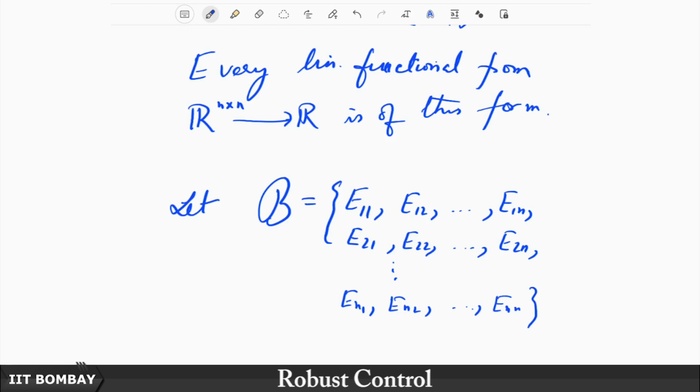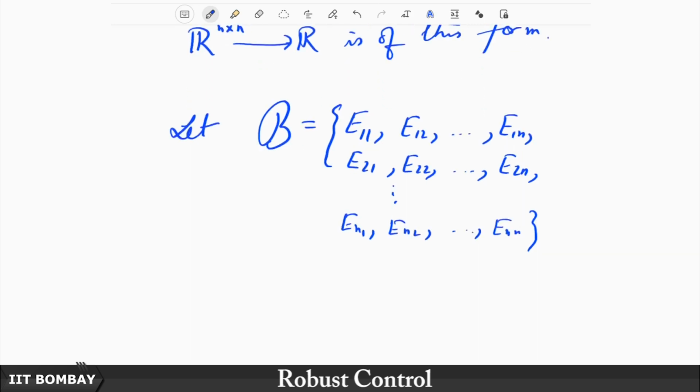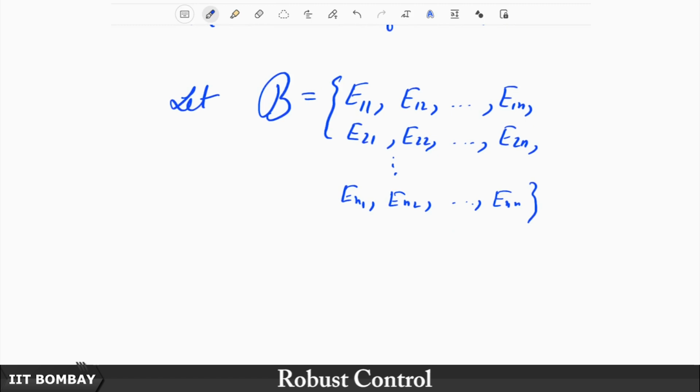I could have done that, but just because an entry of a matrix is denoted by a double subscript, I have also decided to label the basis with a double subscript, that is all. I could have just labeled this from 1 through n squared, it would not have mattered at all. Nonetheless, I have basically n squared members in the basis. So, this is a basis for R n cross n.